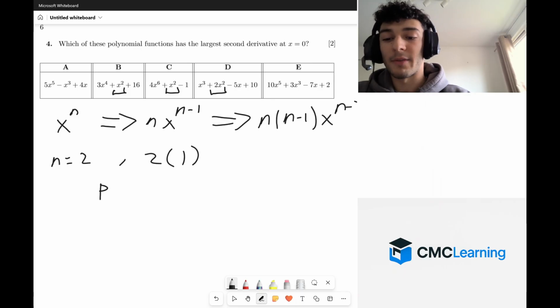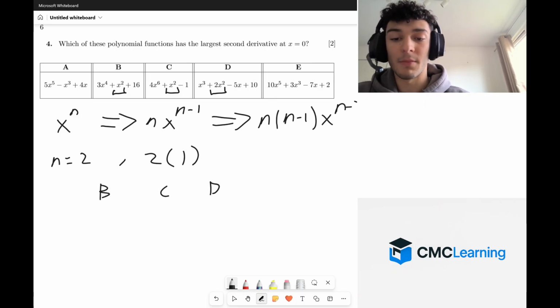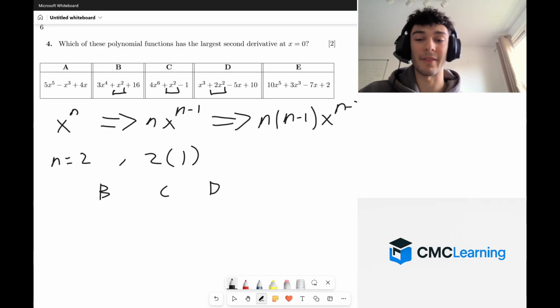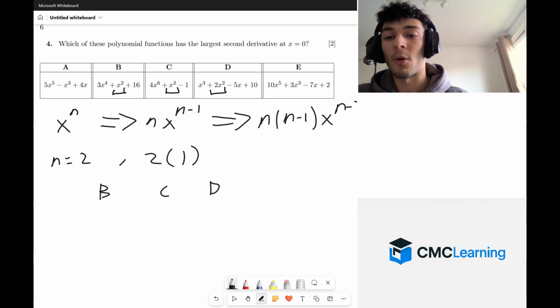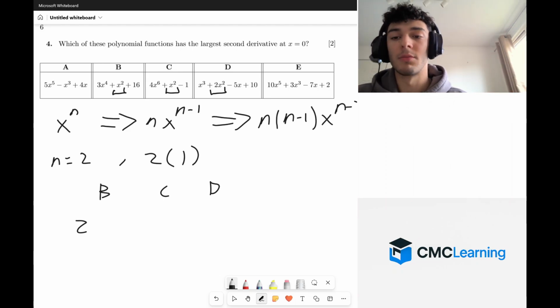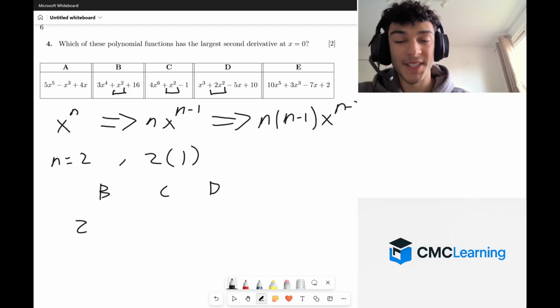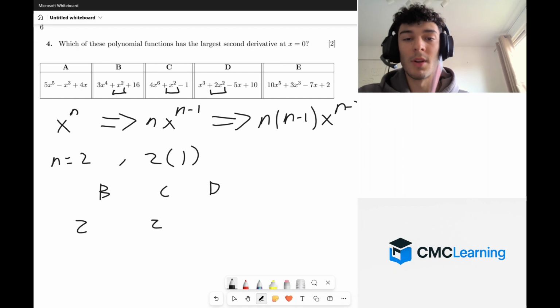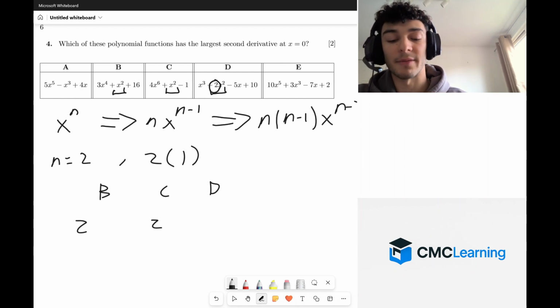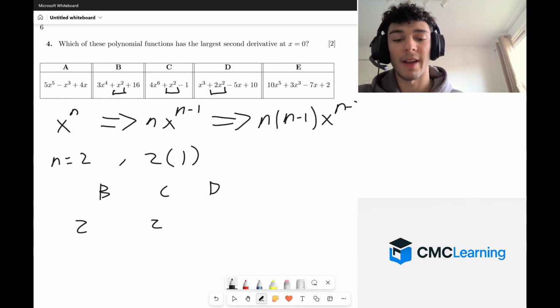I can make a little table over here of B, C, and D. I can take the second derivative of these terms just to be sure. And I should be left with 2 for B, so an answer independent of x. For C, I should also be left with 2. But for D, this factor of 2 helps us greatly.